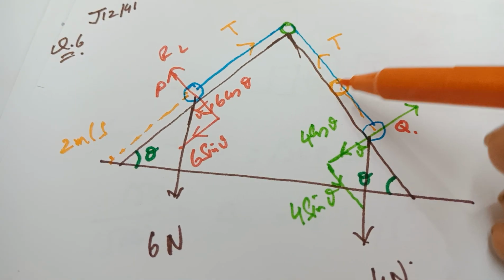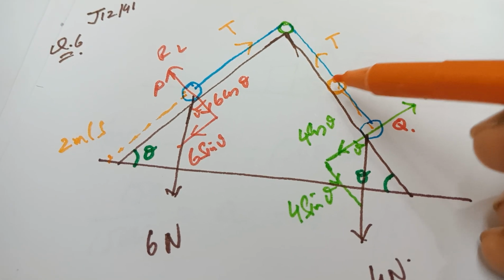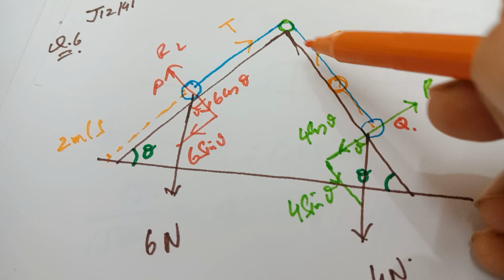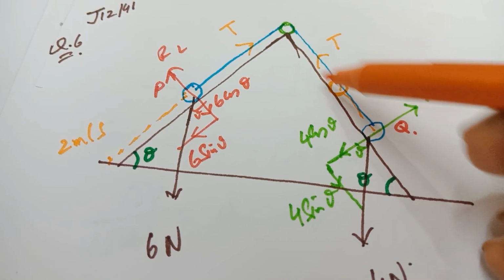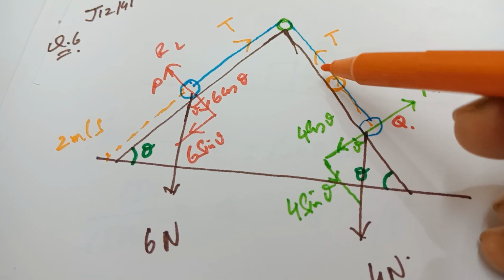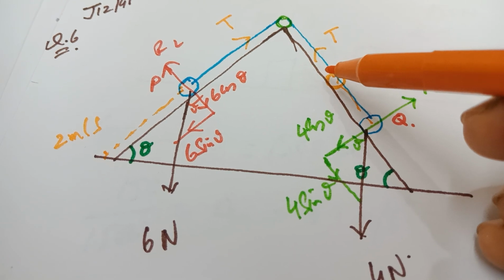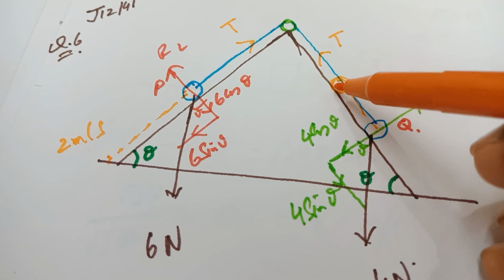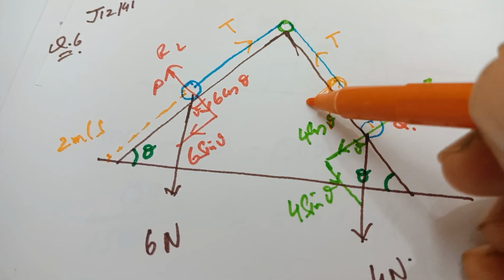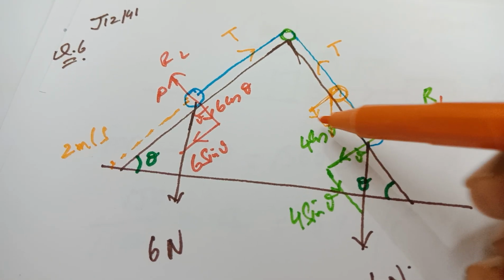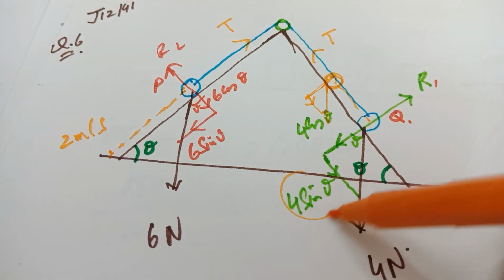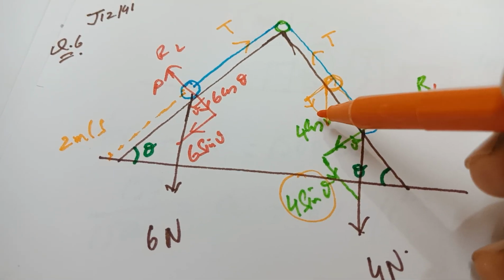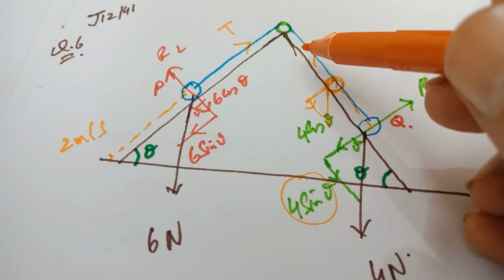You have to see if there are any forces acting on it. The slope is smooth, so there is no frictional force, but it has a weight. The weight is like this and we have resolved it, so 4 sine theta is pulling it downwards. There is no upward force.